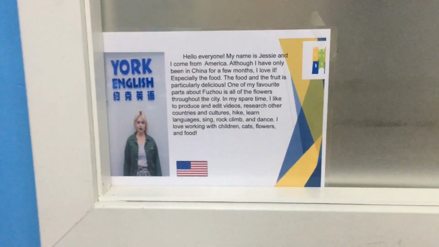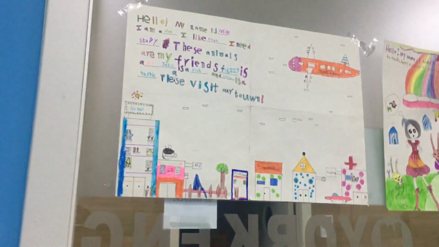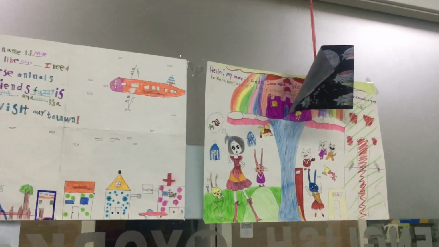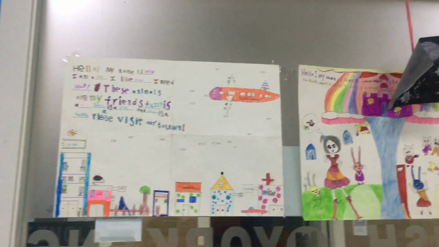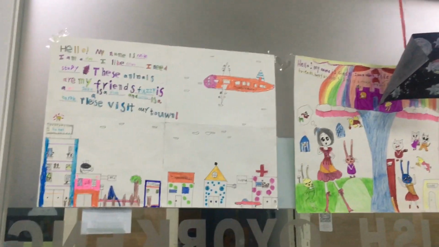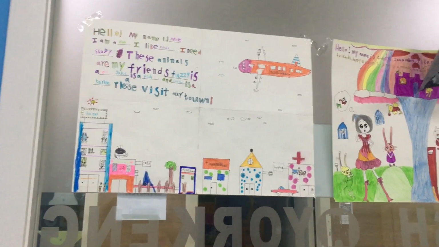The next thing is a very old picture of me and a description of me as a teacher from when I first came. And then up here above this, you will see some projects that my students made, with typos of course, but these were projects that students used when they were doing their animal world. In this unit, the students basically learned about animals and pets and family members and places and directions.